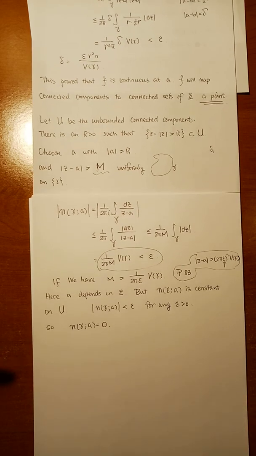So that is a very, very important property. It is an example of many other so-called index theory. The winding number is also called the index of this closed rectifiable curve with respect to the base point a.